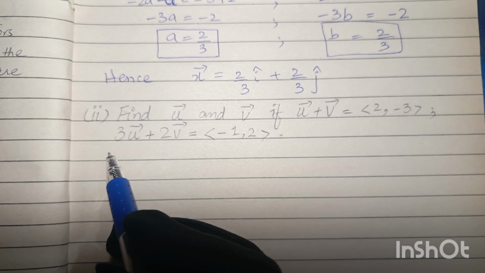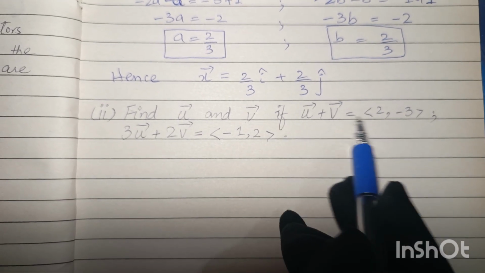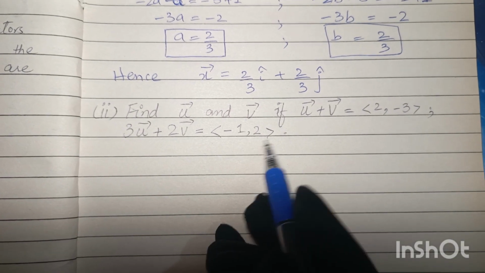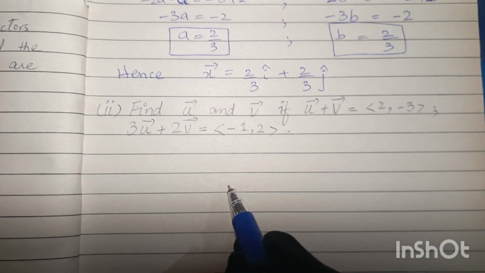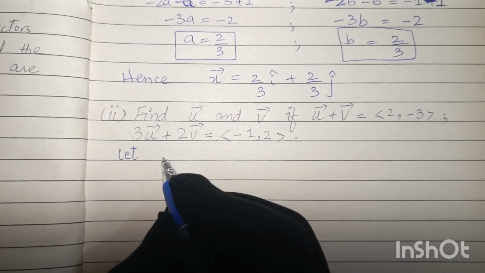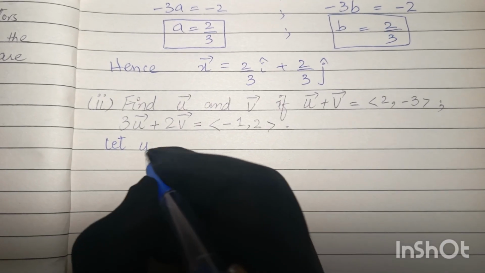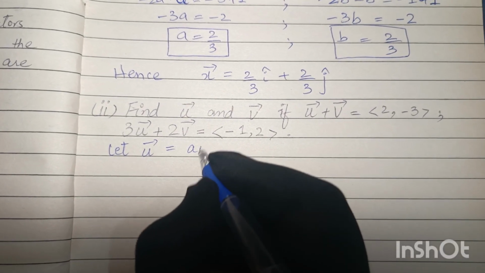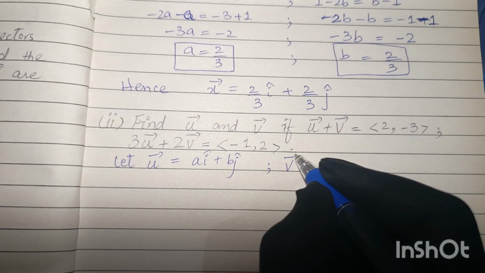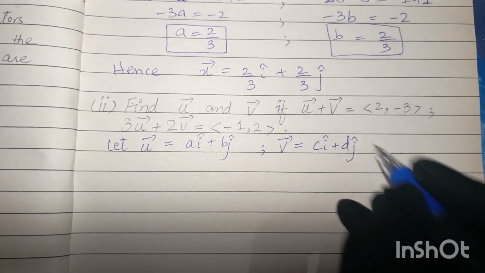So now we start our next part. The next part is to find u and v vectors if u plus v is equal to 2 comma minus 3 and 3u plus 2v is equal to minus 1 comma 2. So you have to find two vectors u and v here. So let u vector be equal to ai plus bj and v vector be equal to ci plus dj.